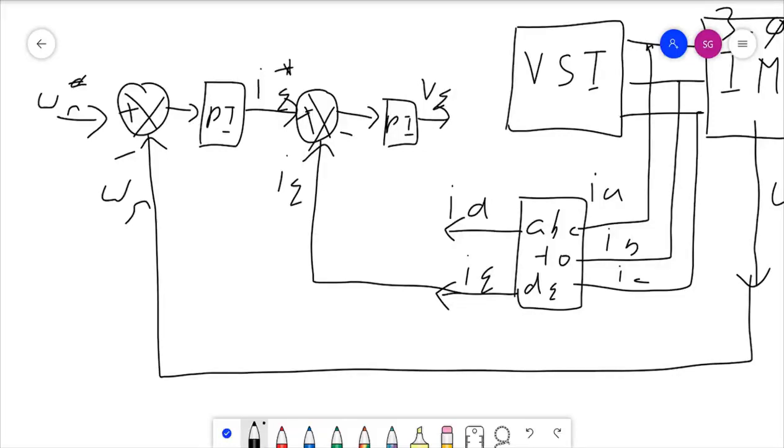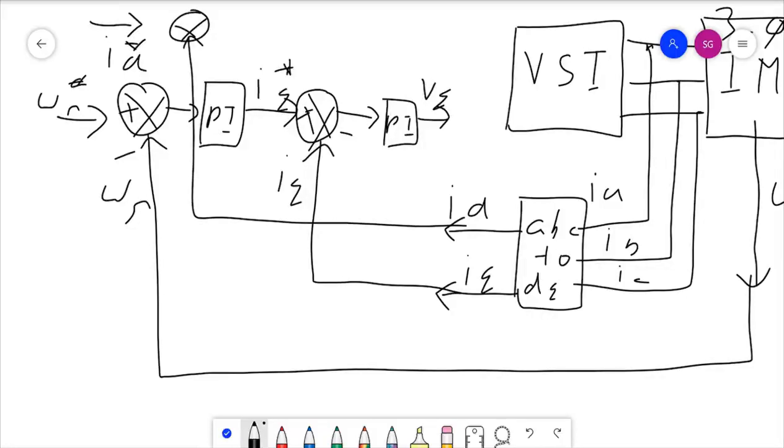VQ is the voltage needed on the quadrature axis to build this IQ current. Okay, and similarly, the reference D axis current will come, which will be maintained constant, and this will be compared with your measured ID current, and after passing through a PI, this will give you VD.